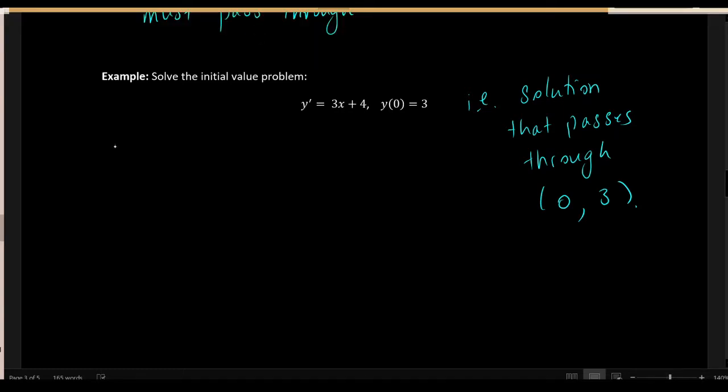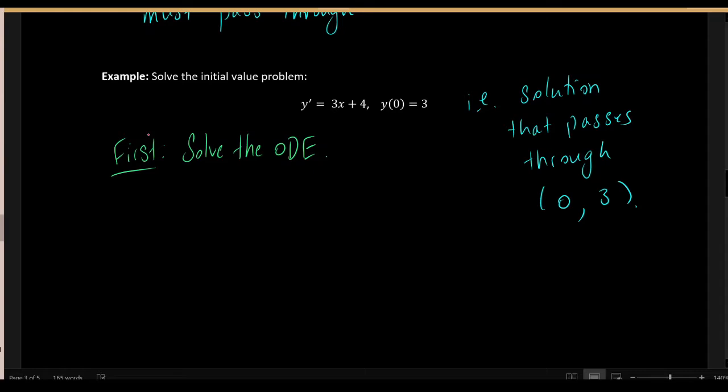The first thing that we're going to do is solve the ODE. We're going to find all possible solutions to the ODE, and after that we'll figure out which one passes through the specified point given to us.